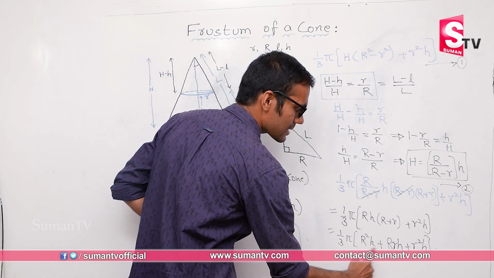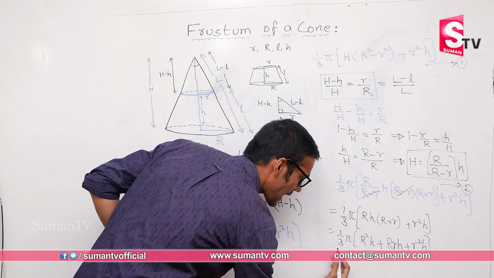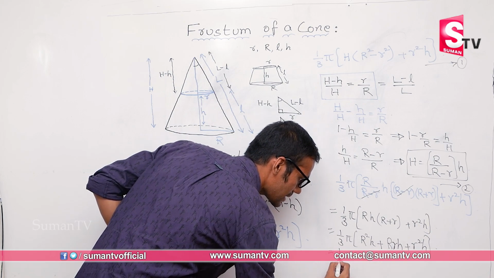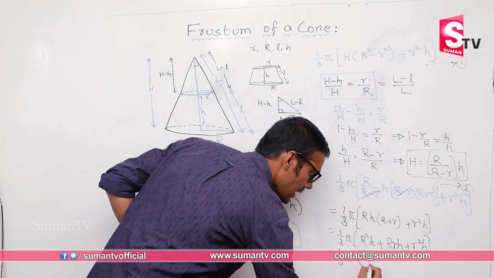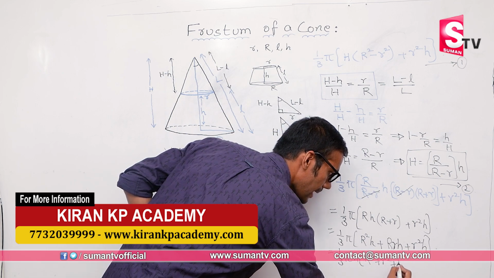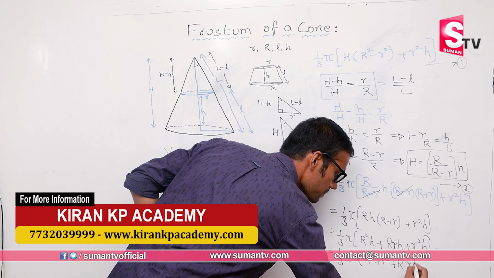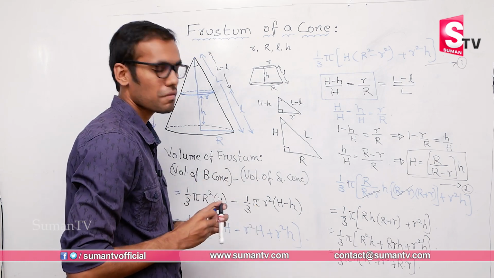Now can we take the small h common or factor out small h throughout the brackets? So I'll finally get 1 by 3 pi small h into capital R square plus small r square plus capital R into small r. This is the final formula for the volume of the frustum.